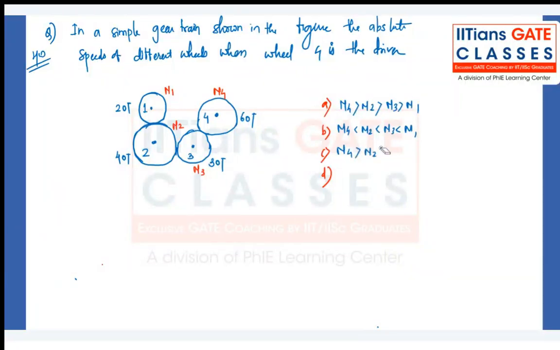N4 is greater than N2 is less than N3 is greater than N1. N4 is less than N2, N3 is less than N1. This one you can try. The correct option is option B here, that is N4 is less than N2 is less than N3 is less than N1.